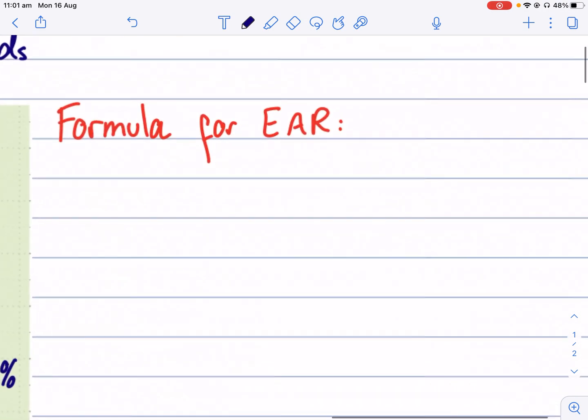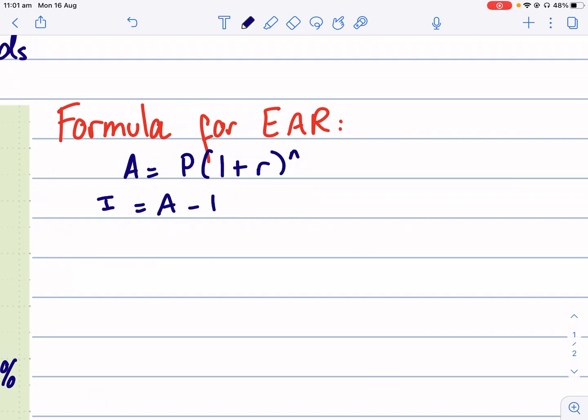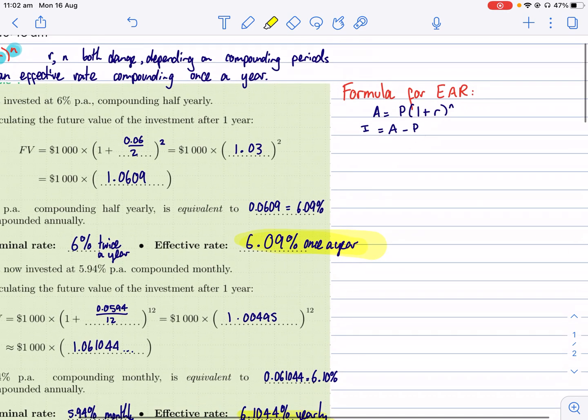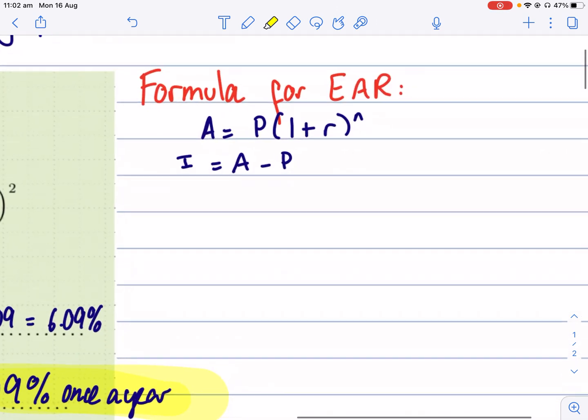So to get a generic formula to use every time we run these calculations, we've been using A equals P(1 plus R) to the N. The interest itself is the final amount minus what you borrowed, yeah? So if we want just an interest rate, I'm going to end up subtracting off what I borrowed.